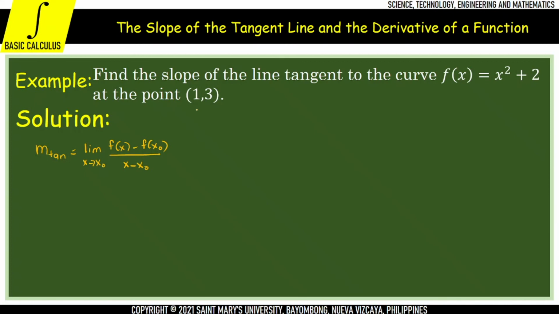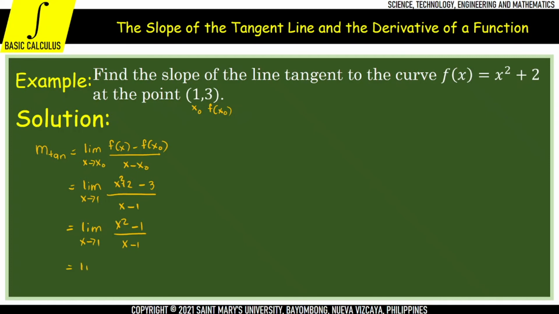Okay, sabi natin, at a given point, x coordinate is x sub 0, y coordinate is f of x sub 0, which means that is equal to the limit of x squared plus 2 minus 3 all over x minus 1 as x approaches positive 1. Meaning, we can have x squared and 2 minus 3 is equal to negative 1 all over x minus 1 as x approaches positive 1.